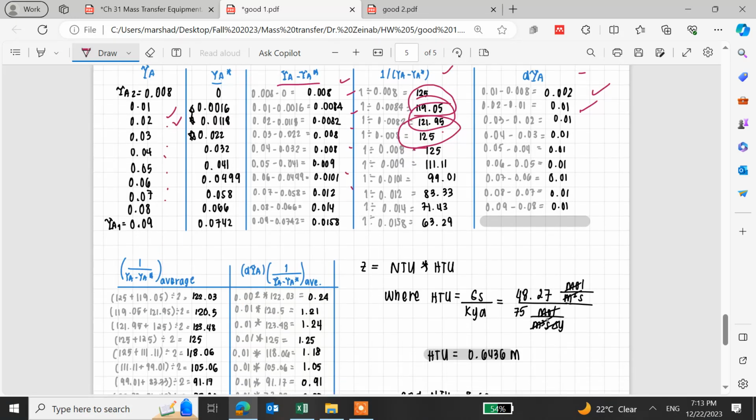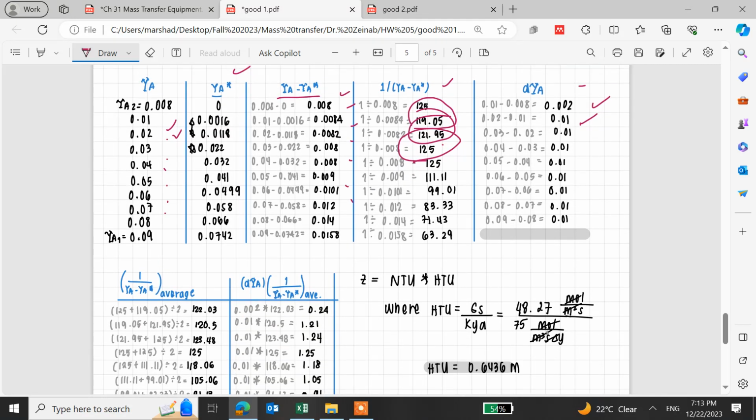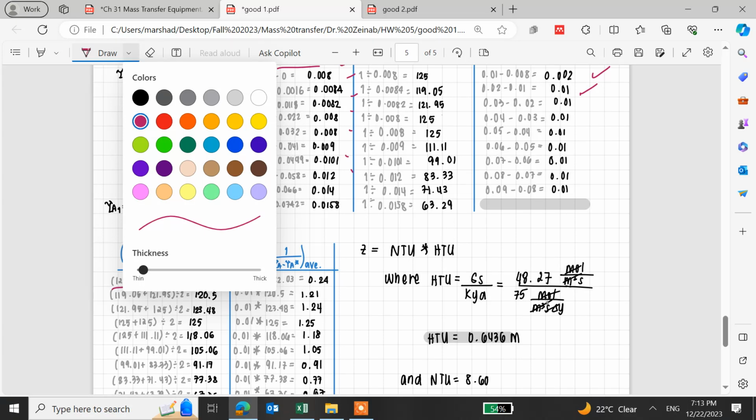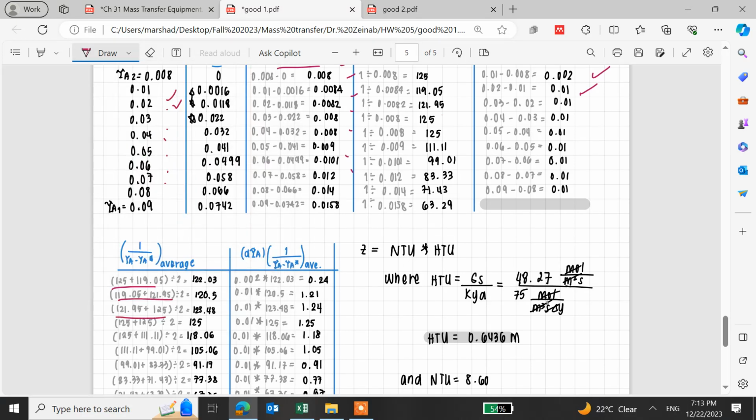So these averages, you can see: 125 plus 119, then 119 and 121, and then 125, and yeah, these values are same.